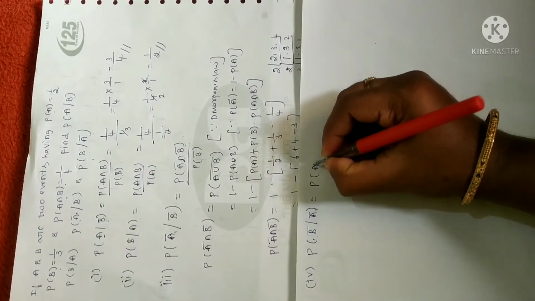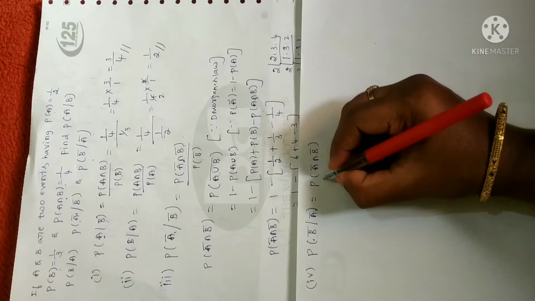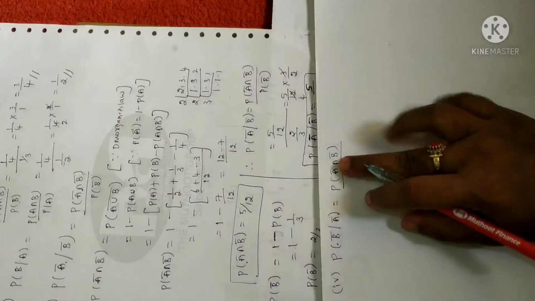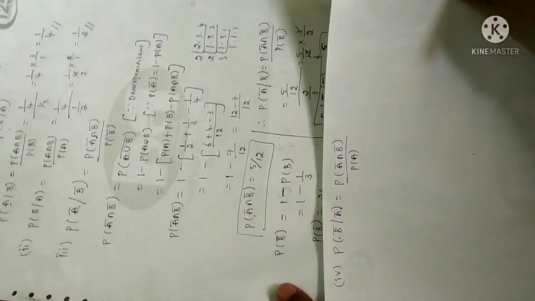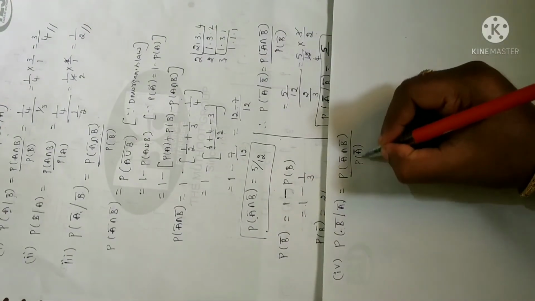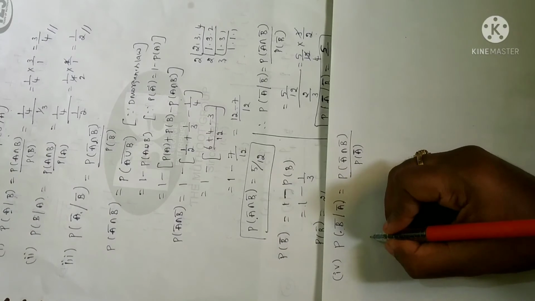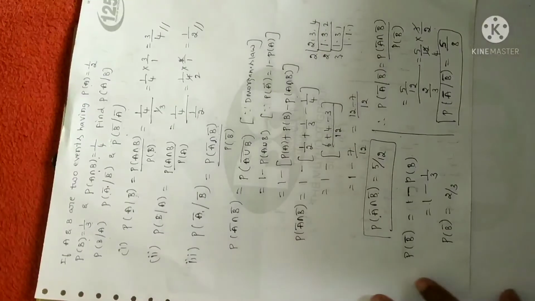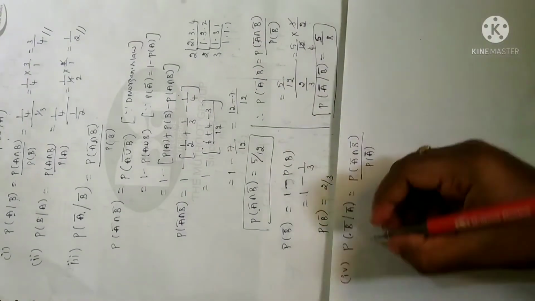So you will get P of A bar intersection B bar divided by probability of A bar. Now we have already calculated the value of P of A bar intersection B bar. So what we have to calculate is probability of A bar. Did we calculate probability of A bar in the problem? Look at the problem. No, we don't have it. So probability of A bar we have to calculate.